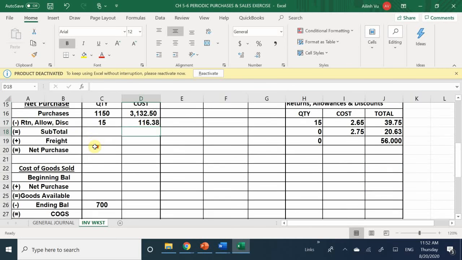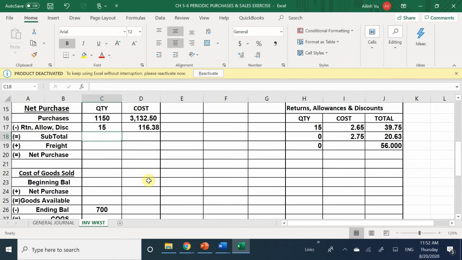Okay, and then here my subtotal is going to be 1145. No. That's only 5 subtracted. 1150 minus 15, 1135.